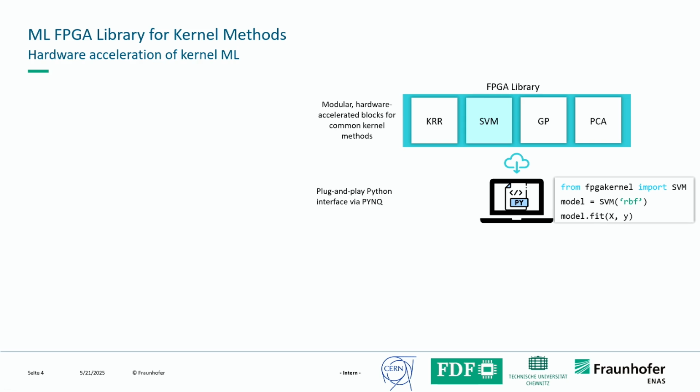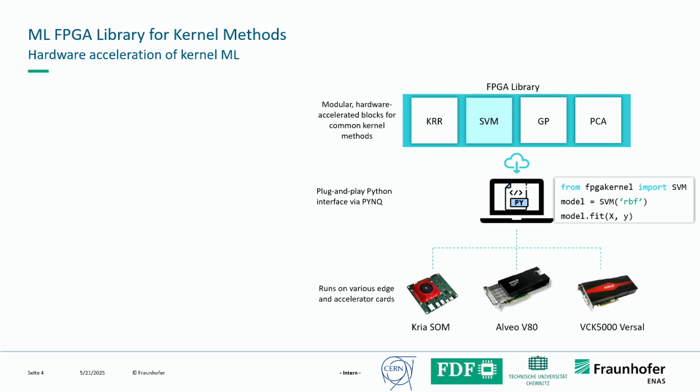That way he will be comfortable dealing with that. But internally, it will be mapped to different FPGAs, whichever FPGAs you have. So think of it as plug and play. You just plug in your FPGA, or connect to it if it's in a data center, and what we are trying to build will map there accordingly. Maybe it's an edge device or maybe high-end accelerator devices. It should work with most.